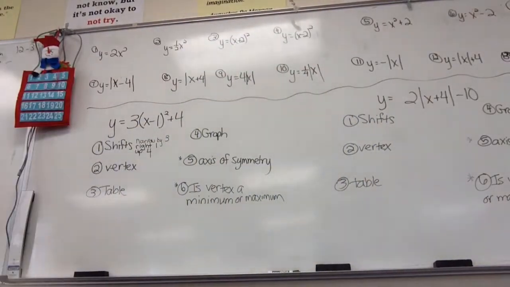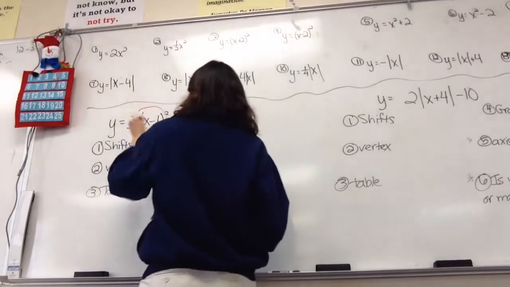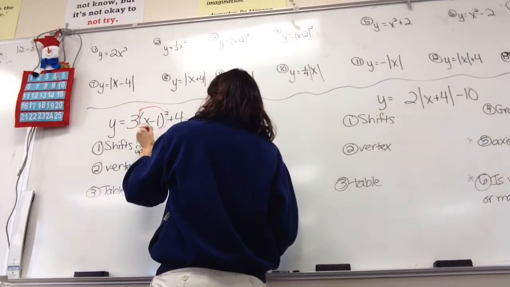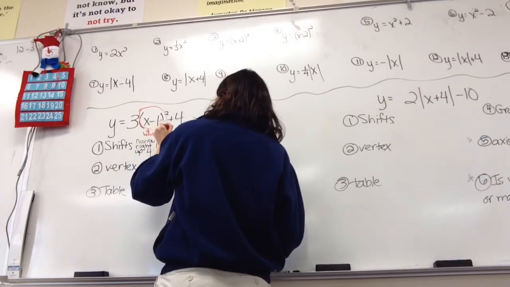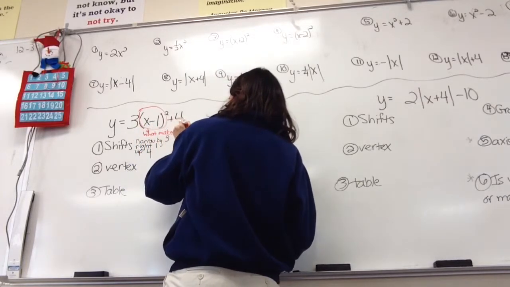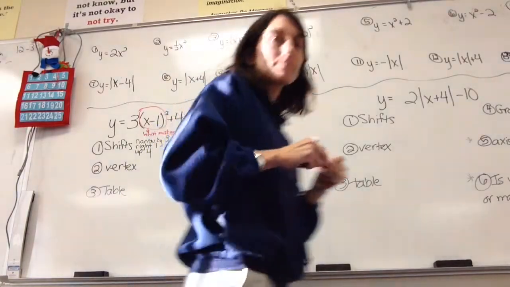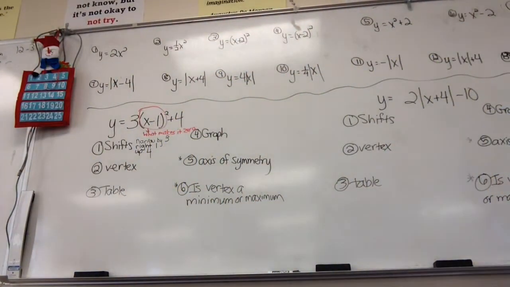Remember, when it's on the inside, you are asking what makes it 0. Okay. So our vertex comes from 2 of those numbers.